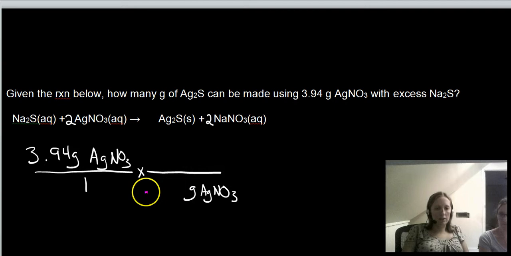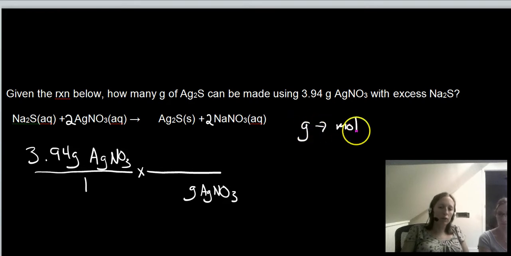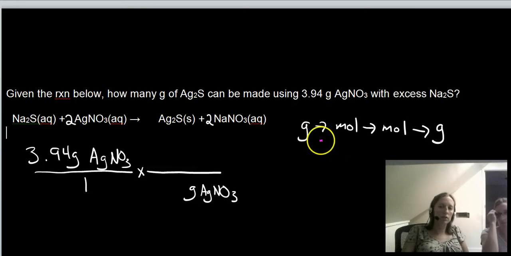All right, so what we need to do is get from grams of this to grams of this. That's going to require this plan: grams to moles of the first compound, convert from moles of that compound to moles of the second compound, and then from those moles, get to grams of the second compound.